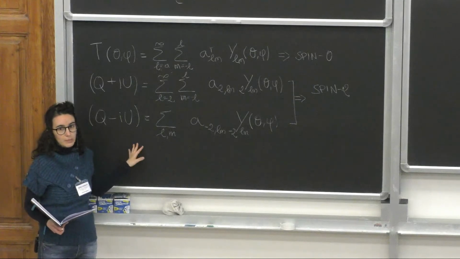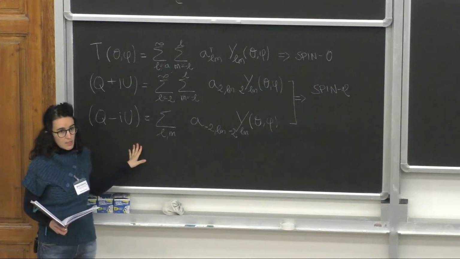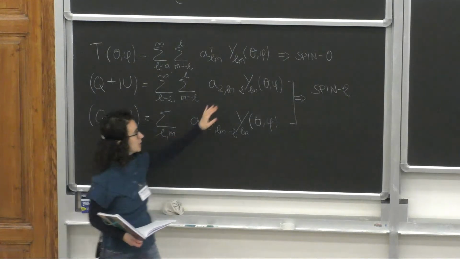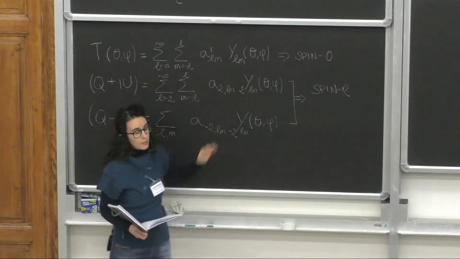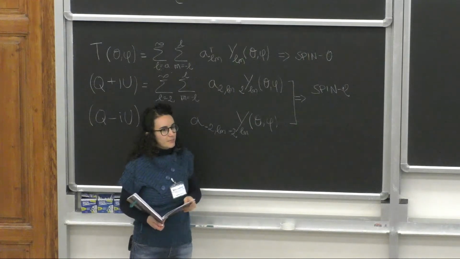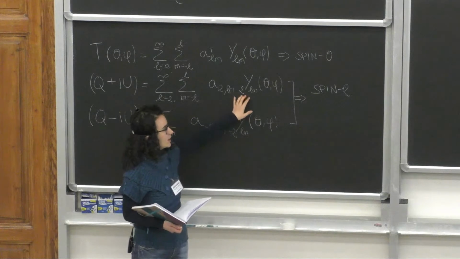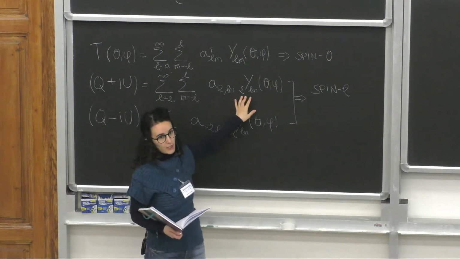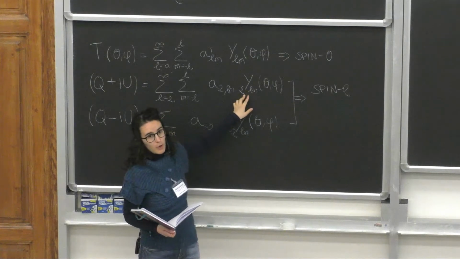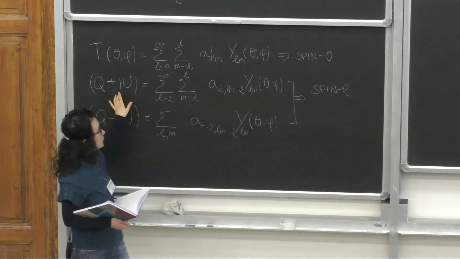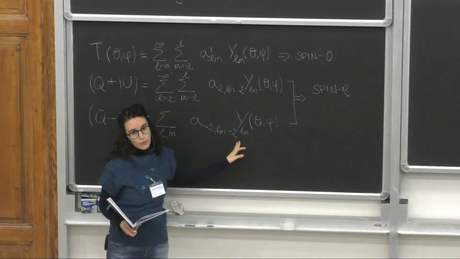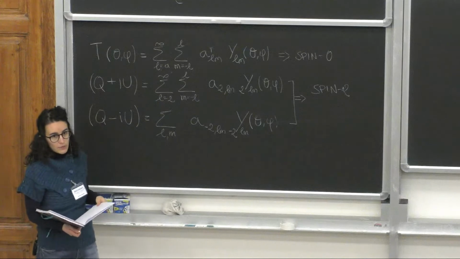They are so-called spin-2 quantities. So when we expand them in spherical harmonics, we cannot use the usual spherical harmonics, but we have to use this extended version, the spin-weighted spherical harmonics. So we use the spin-2 spherical harmonic for Q plus iU, and the spin minus 2 for Q minus iU.